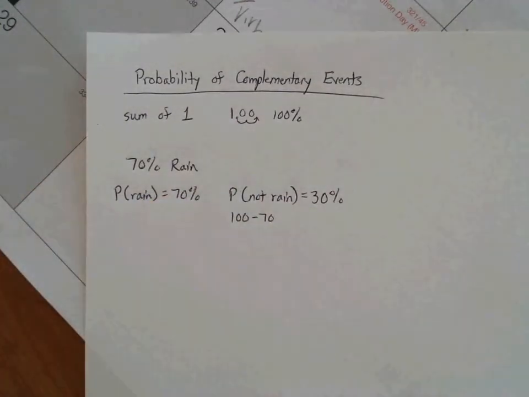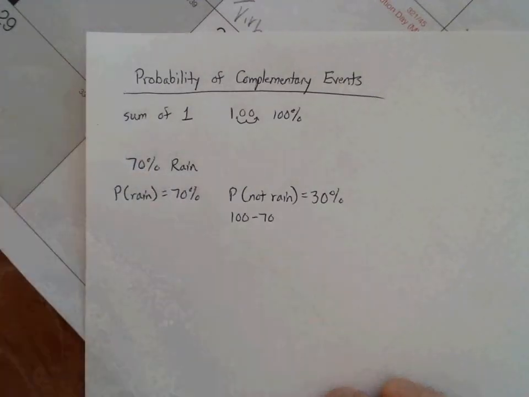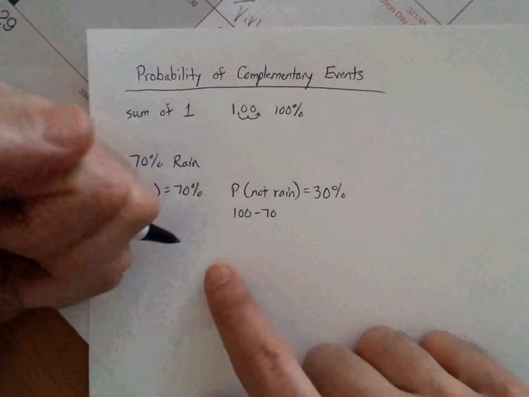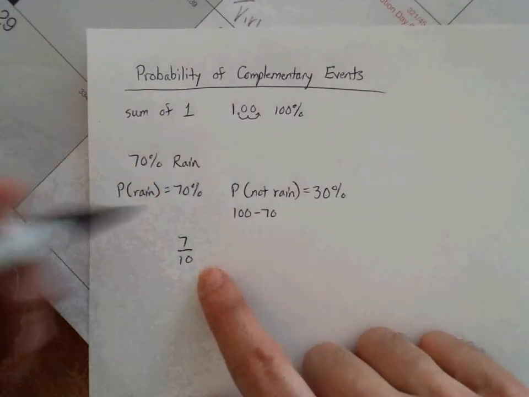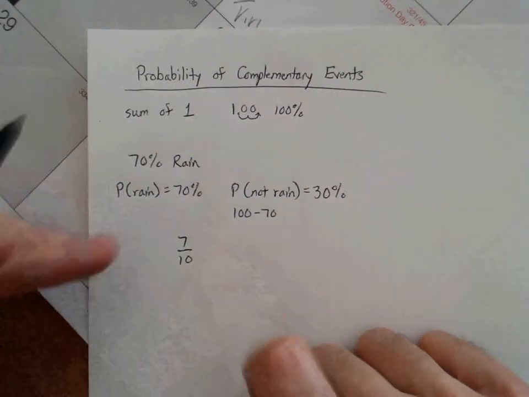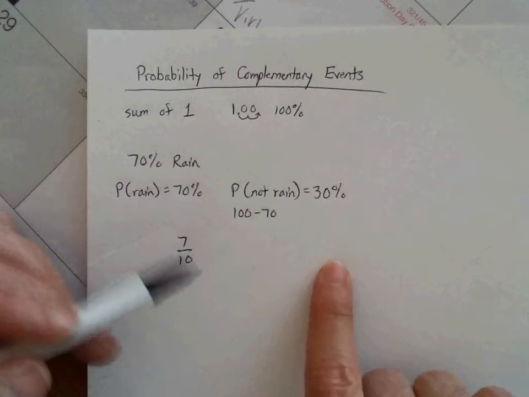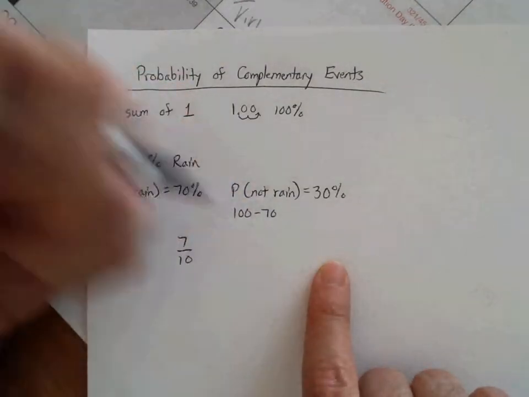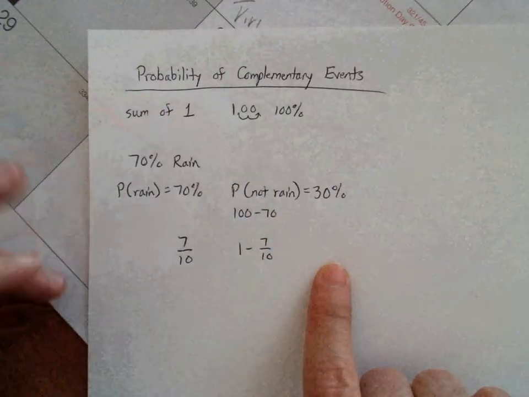Now, when you watch the weather, it's always going to be in percent form when we're talking about percent chance of rain, but let's say you didn't have 70%. Let's say you had this as a fraction. 70% as a fraction would be 7/10. You could also write 70 over 100; I just took the 0 off the top and the bottom. Either way, it's the same thing. In this scenario, if it was in fraction form and you want to find the complementary event, you would do 1 minus the fraction.